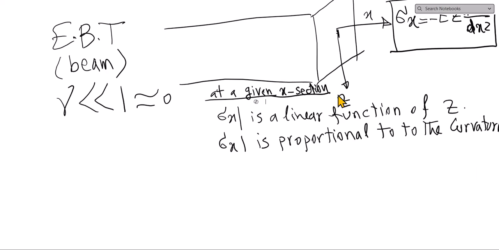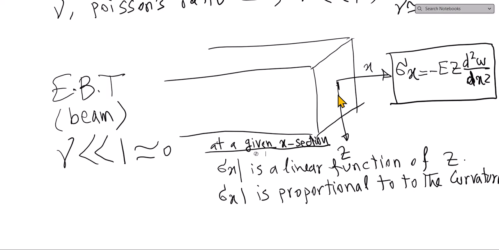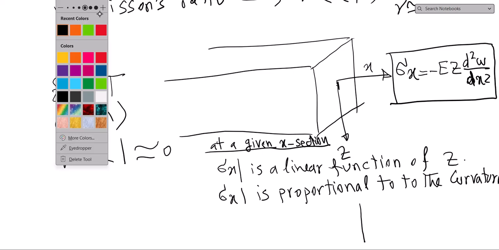Now, let's see what these do, and I draw a quick sketch here. Above the x-axis, in the direction of z, I have negative z.